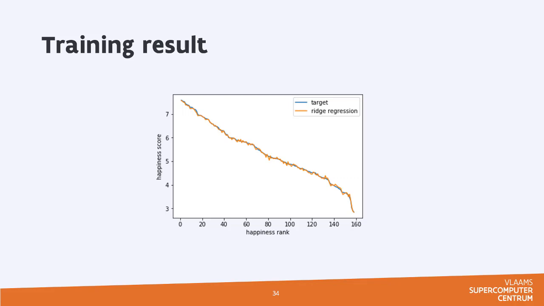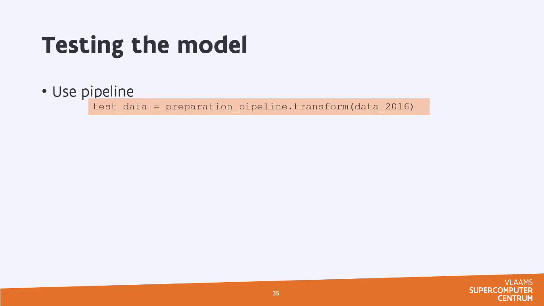Note, the green line is monotonous, the yellow line is not. But as you can see, there are not too many deviations from monotonicity, so a few countries have been classified a bit higher than they actually should, a bit lower than they actually should, but nothing too bad. So this looks actually quite good.